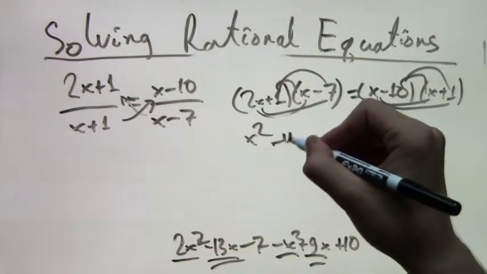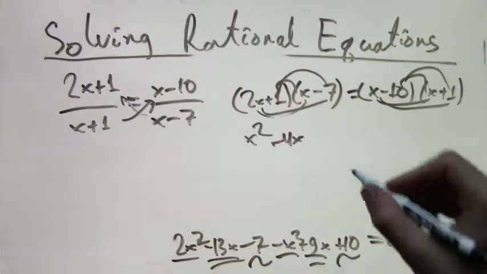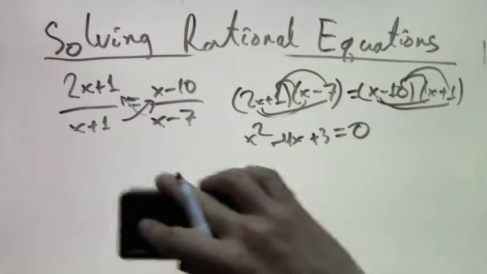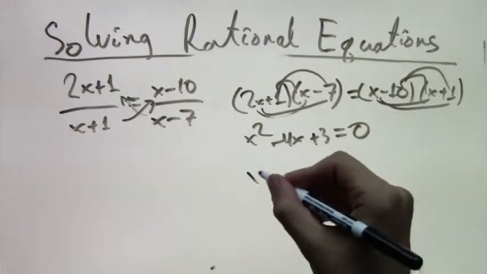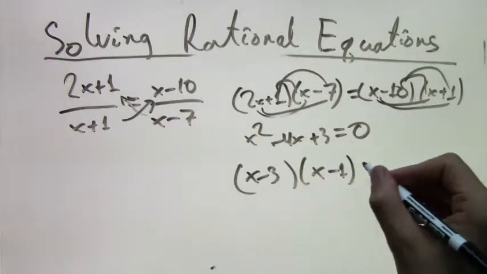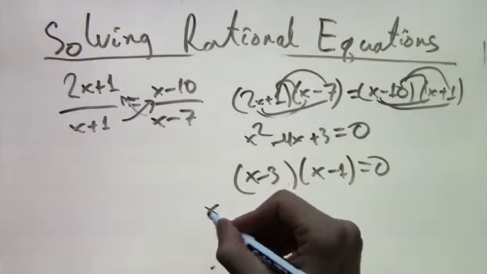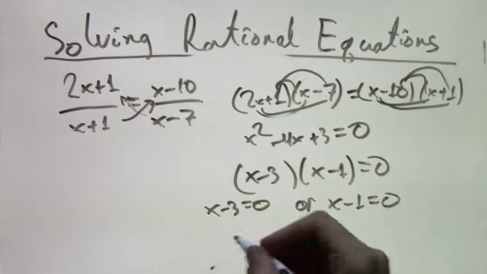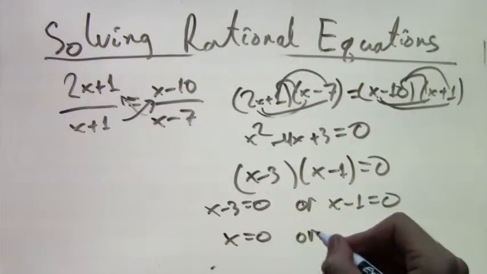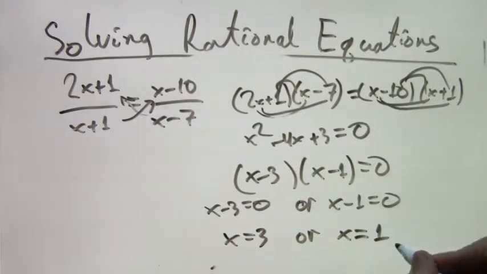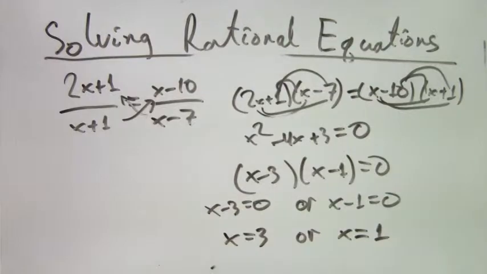Negative 13x plus 9x is negative 4x. Negative 7 plus 10 is 3. And this whole thing is equal to 0. This happens to be factorable, so we just factor it as (x minus 3) times (x minus 1). For more about factoring quadratic equations, you may look at the video lecture with the same name. So in the end, we get two solutions, x equals 3 or x equals 1.